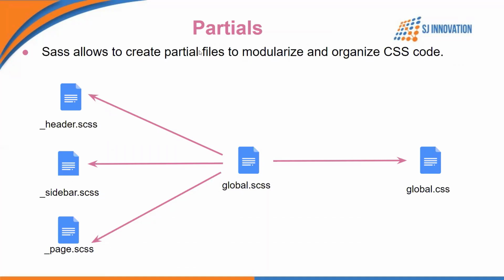Partial allows us to create a partial file to modularize and organize CSS. It helps us to organize our code. It's like our full global CSS. If we want to work with our header, we can create a header file, and for the sidebar we can create another file, and for pages as well.